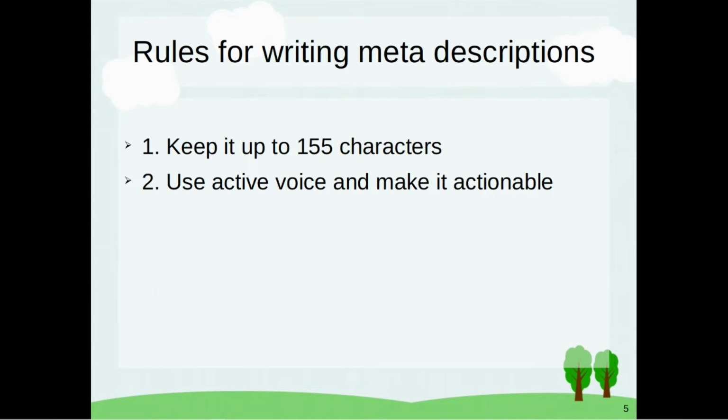Suppose you have written a description within 155 characters. You can also change that to audio and simply paste it to your website, so that one can get knowledge of what your website is about.